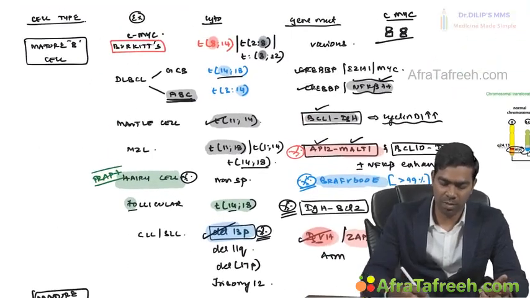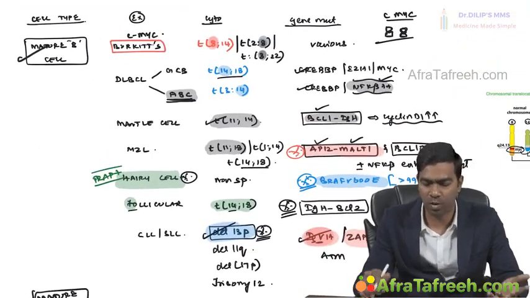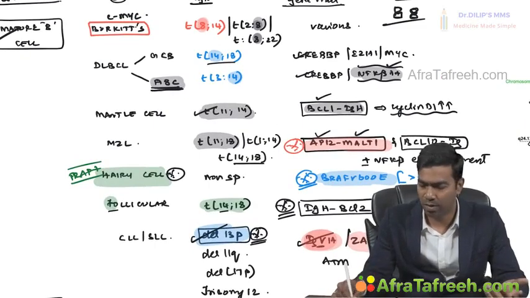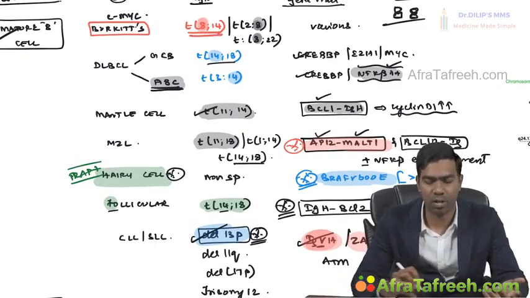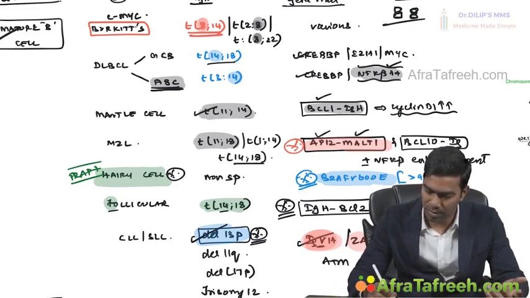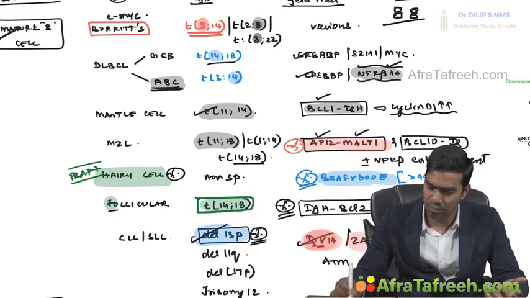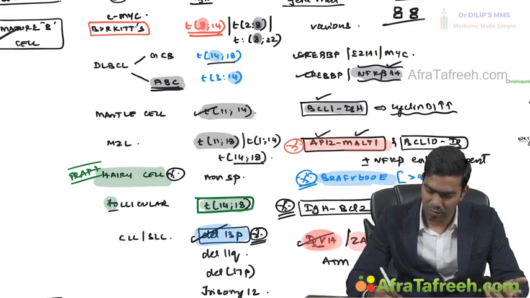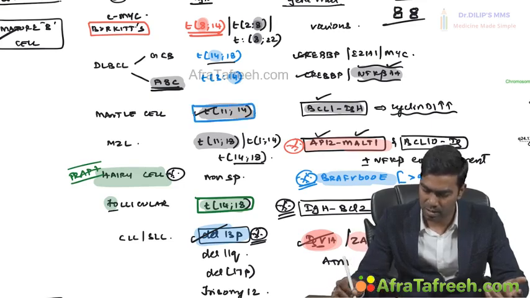But the B cell lymphomas we have characterized in and out, and whatever I have told are very important. For example, t(8;14) of Burkitt, t(14;18) of your follicular lymphoma, t(11;14) in mantle cell, and probably t(11;18) in marginal zone lymphoma.